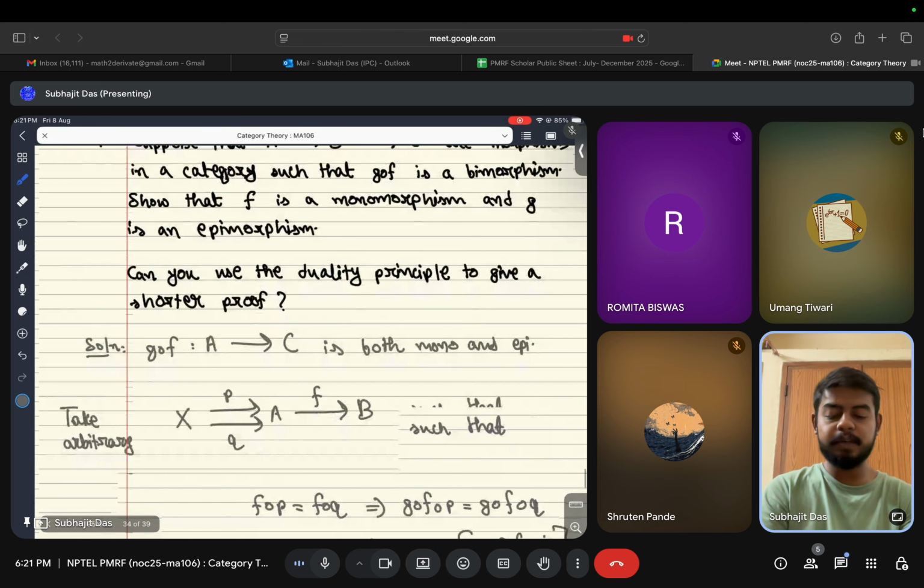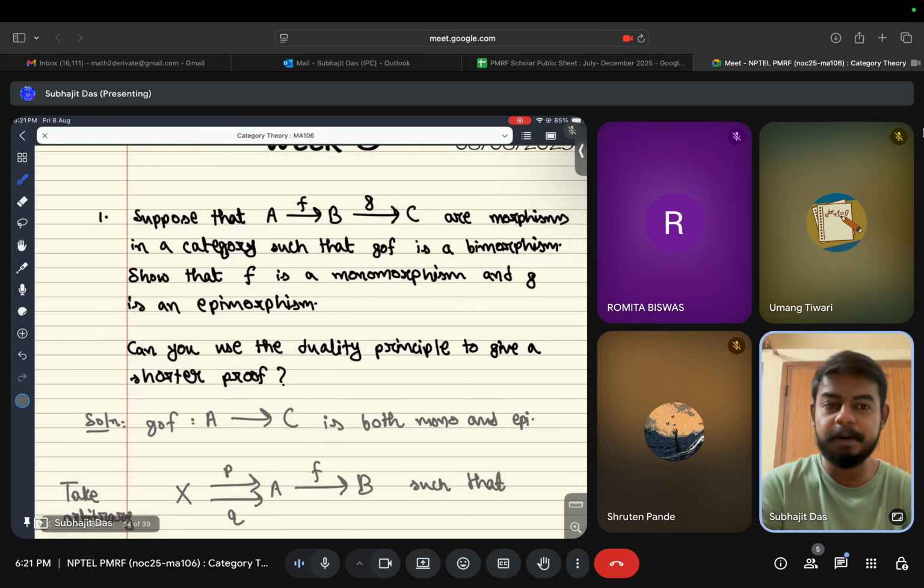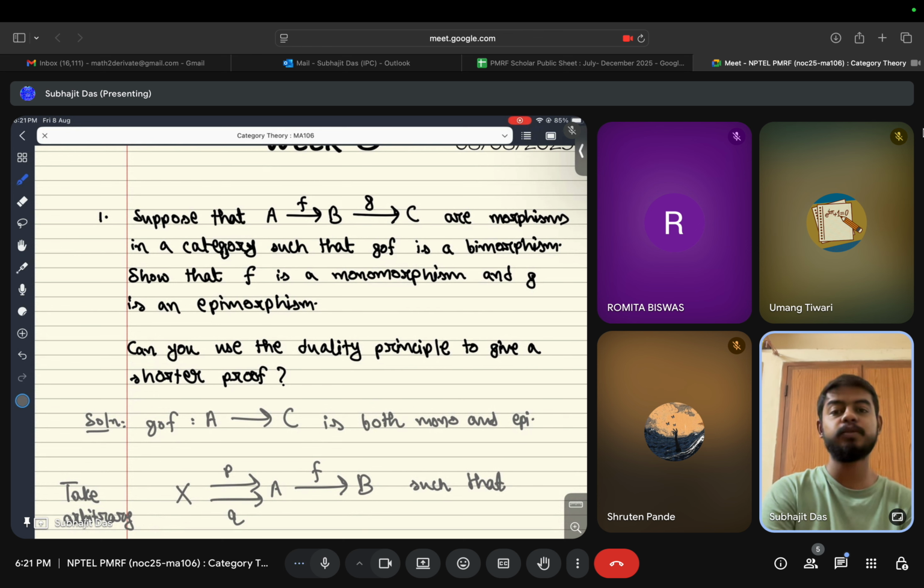So what have we shown really? We have shown, so this is the problem, that if in a category G composed F is both a monomorphism as well as an epimorphism, then F must be a monomorphism and G must be an epimorphism. This is what we have shown, and this is in perfect coherence with your intuition from set theory, right?